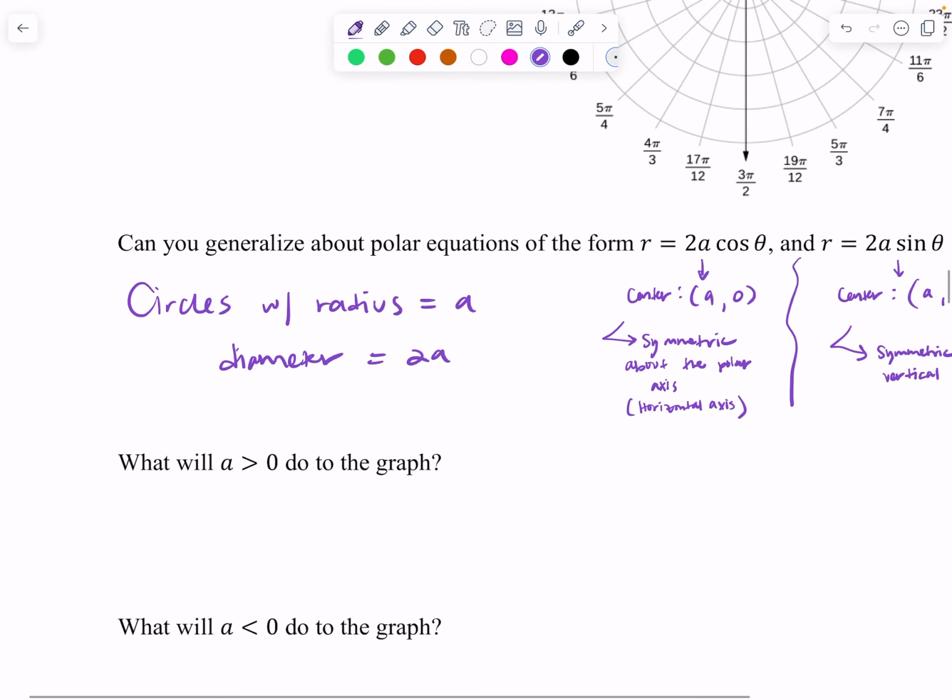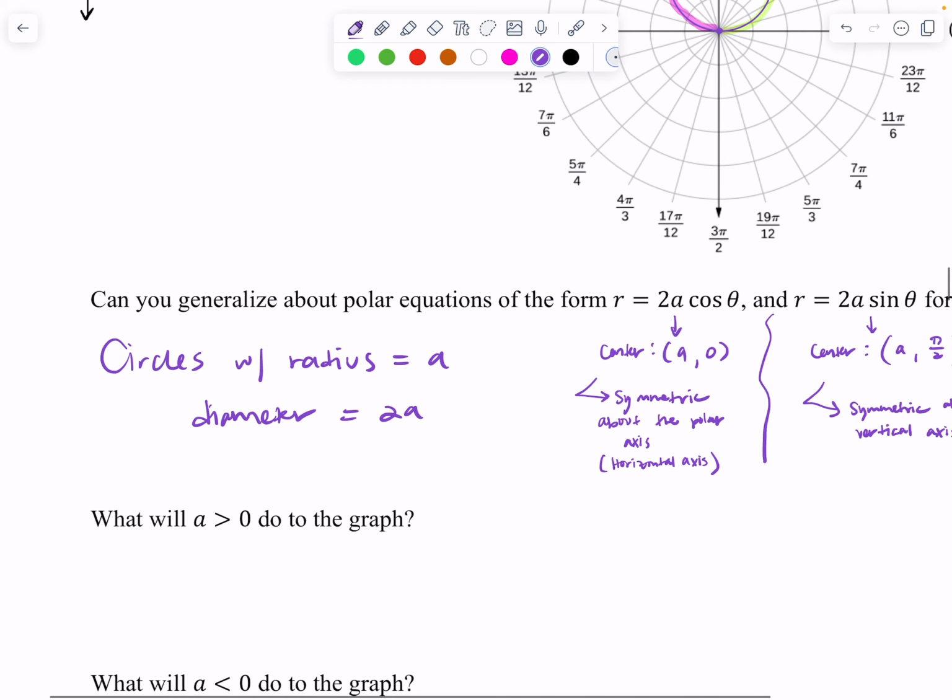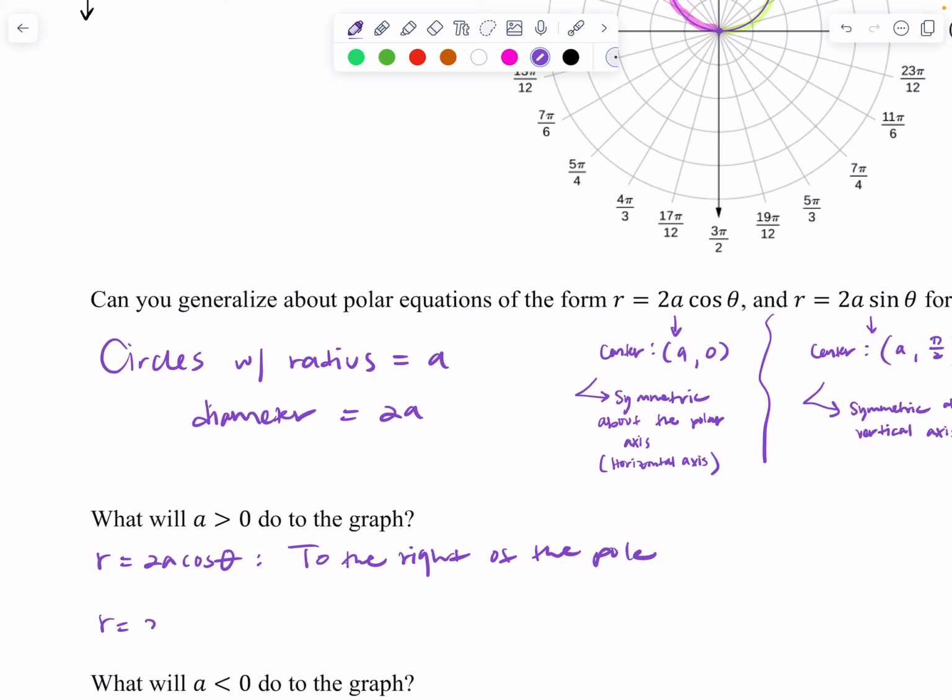Now, whenever a is positive, so for r equals 2a cosine theta, the graph would be to the right of the pole. And whenever r is equal to 2a times sine theta, and a is positive, the circle will be above the pole.